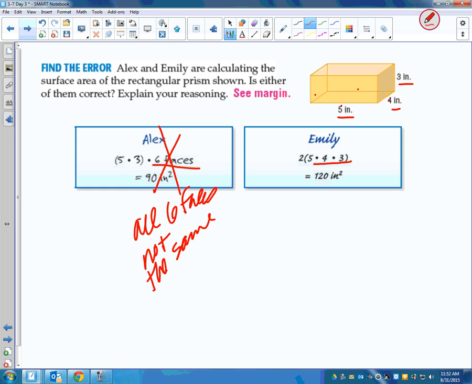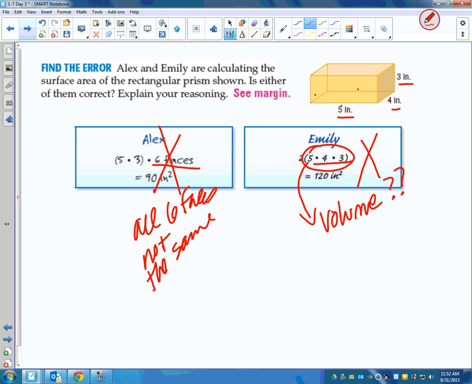This is what it feels like to be a teacher when I'm grading papers and trying to figure out what they did and how many points of partial credit I should give. But this is not right either. I think Emily got confused and was using volume, and she thought volume times 2. I would probably put question marks next to their paper.